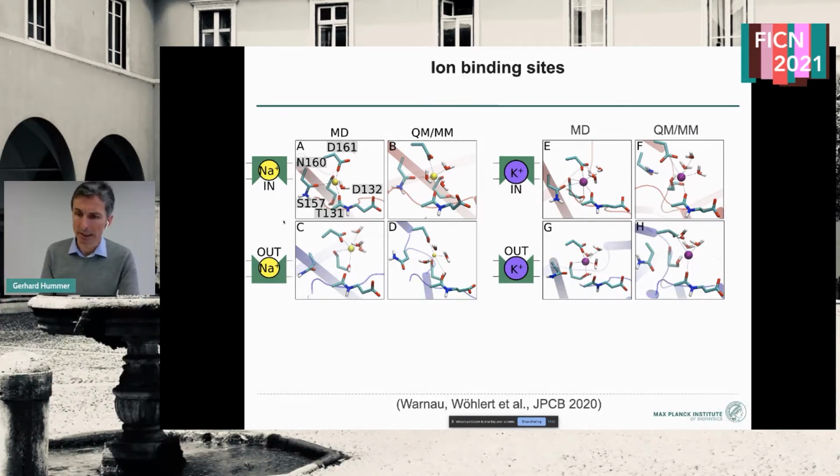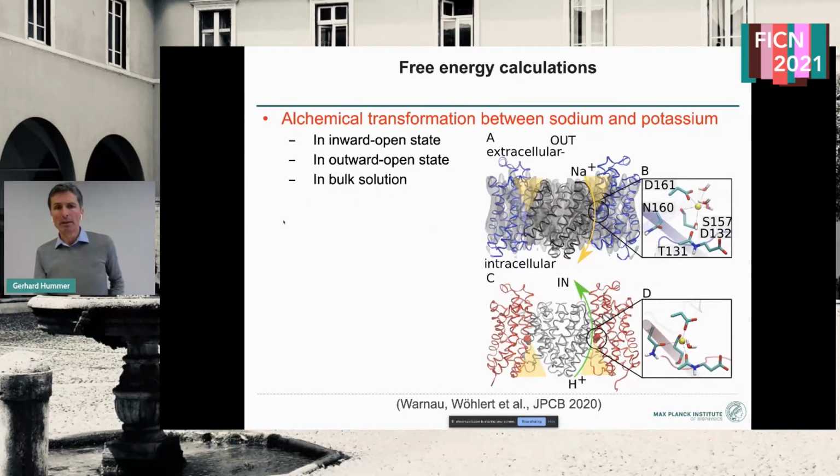And as you would expect, the hydration state is a bit different when you go from sodium to potassium, but the coordinating residues are not substantially different. So this raised the question where the selectivity for sodium is coming from.